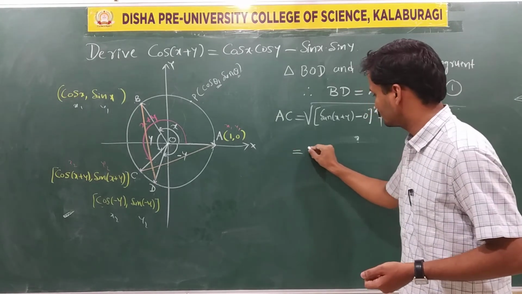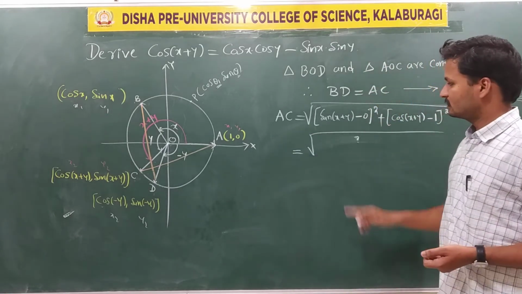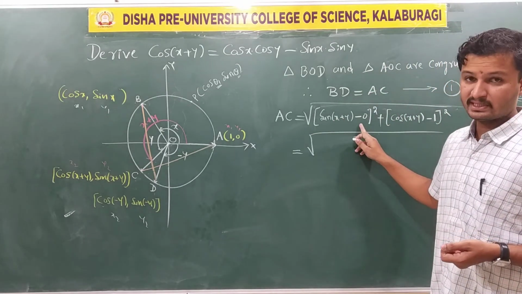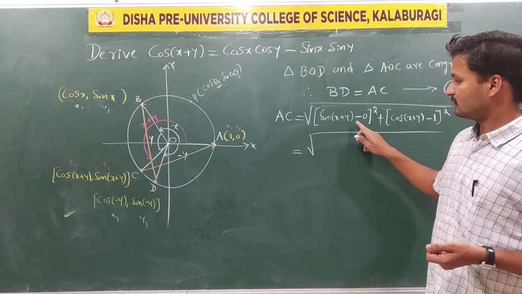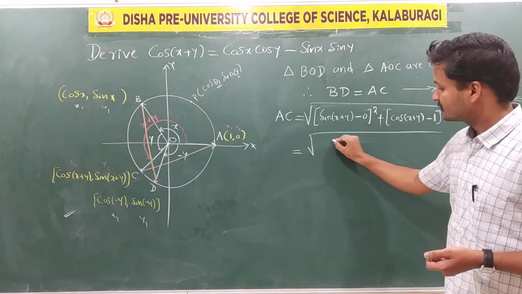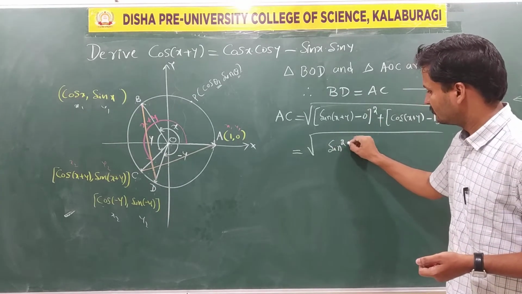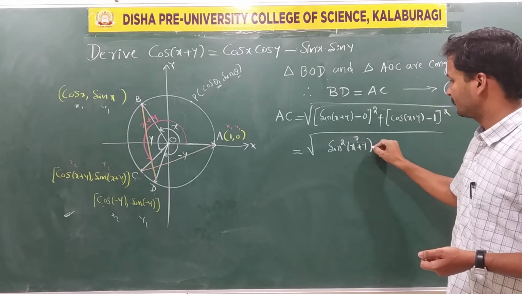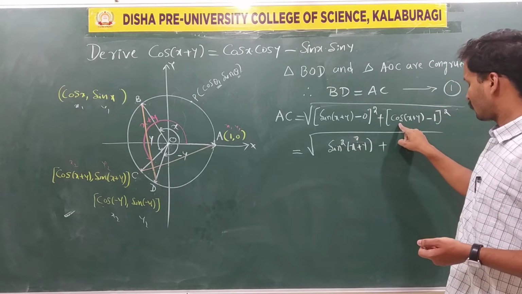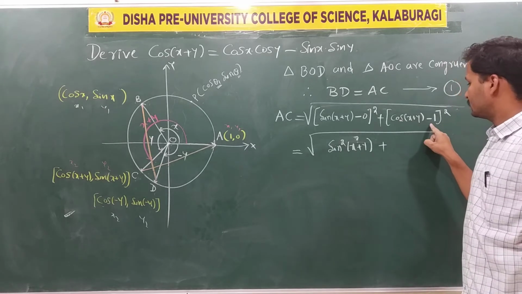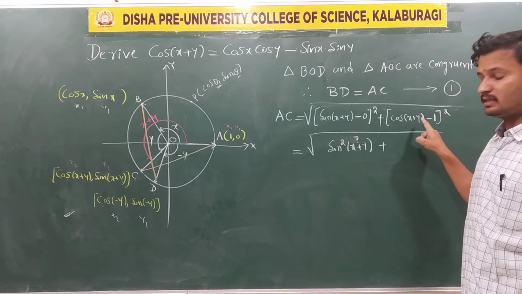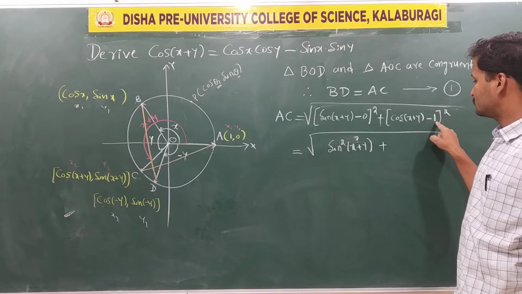So this is by distance formula. So then next term is, so sin of (x plus y) minus 0 is sin of (x plus y). So sin of (x plus y) whole square is sin square (x plus y). Okay, next plus, here (cos of (x plus y) minus 1) whole square. That means we need to use (a minus b) whole square.